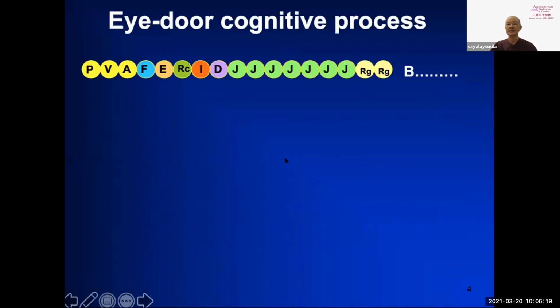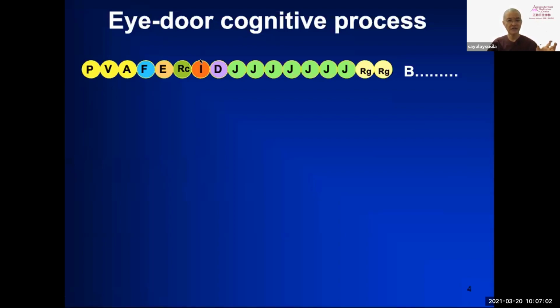Let's say in an eye door cognitive process, a visible object impinges on the eye sensitivity together with Bhavanga. Number 1 is called Bhavanga. Then the cognitive process will occur in a series containing 17 separate moments of consciousness. Each circle represents a consciousness moment, which we call Citta Khanna.